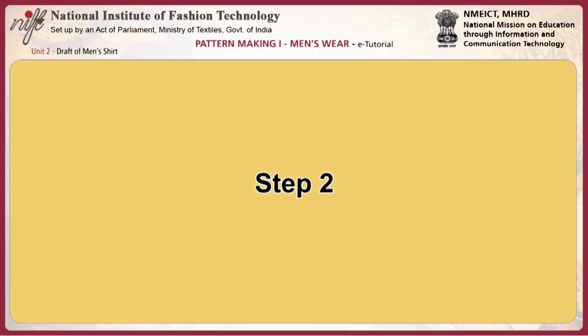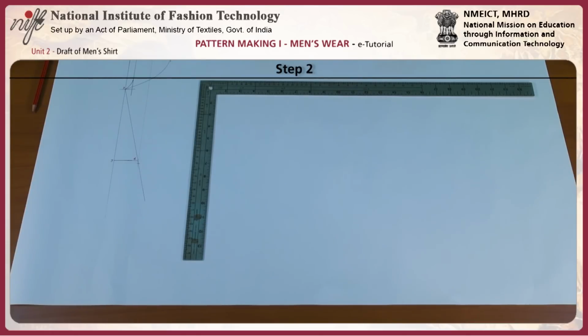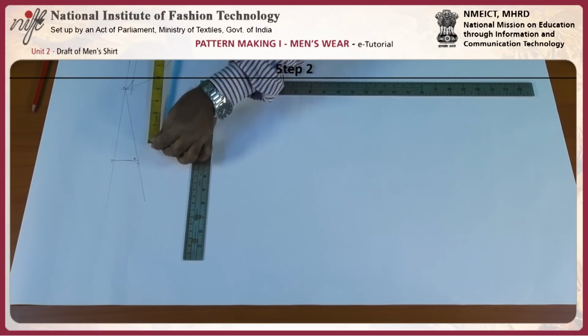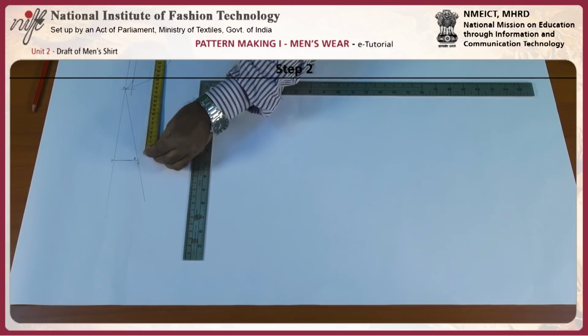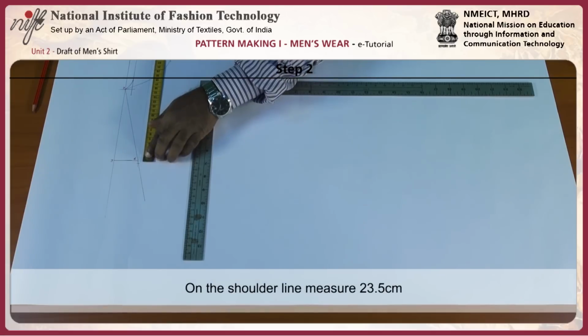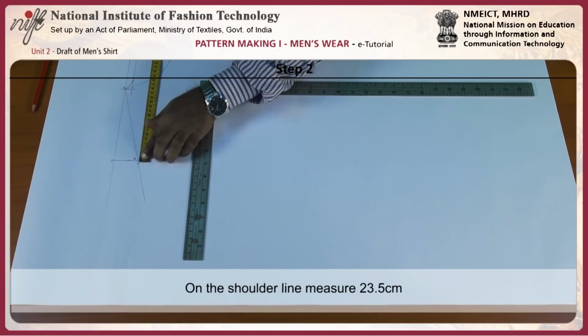Now let us move to step 2, which has across shoulder measurement, across back shoulder and across front chest. First measurement is across shoulder, which should be measured on the shoulder line, which is 23.5 centimeter.